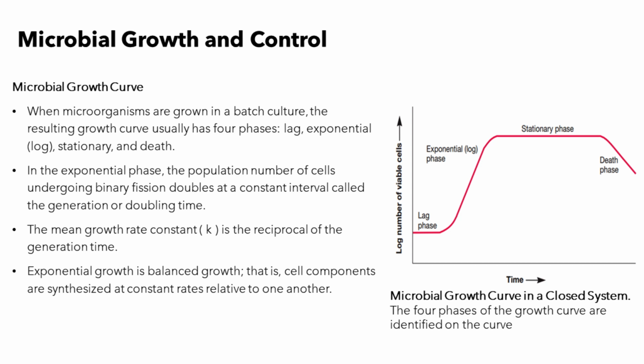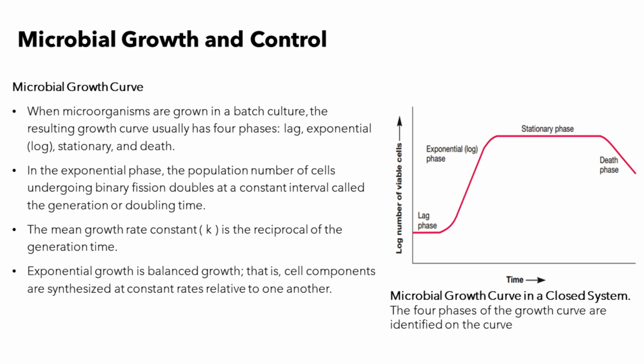In the exponential phase, the population of cells undergoing binary fission doubles at a constant interval called the generation or doubling time. The mean growth rate constant k is the reciprocal of the generation time.